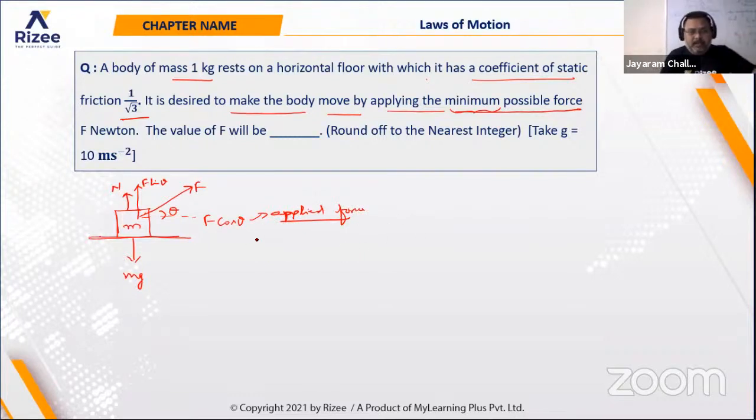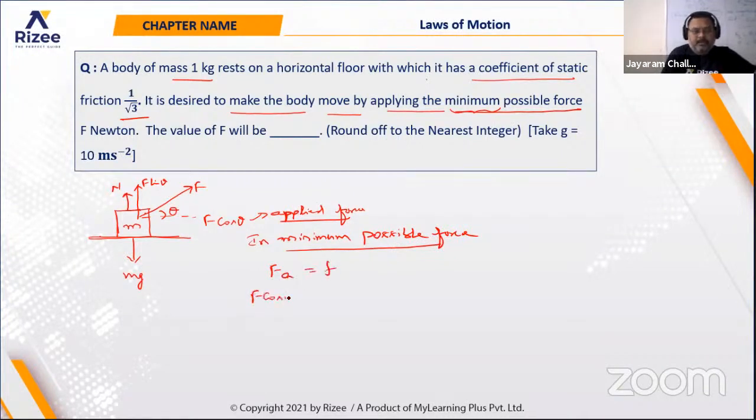So minimum conditions means when the block is just about to move. So in the minimum possible force, the applied force will be equal to the frictional force, that is Fa is equal to frictional force.